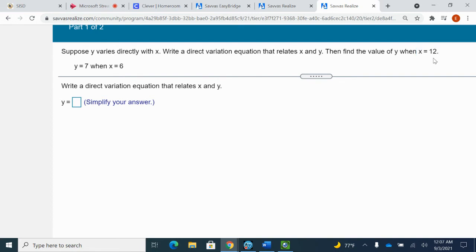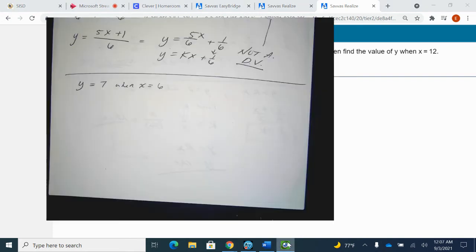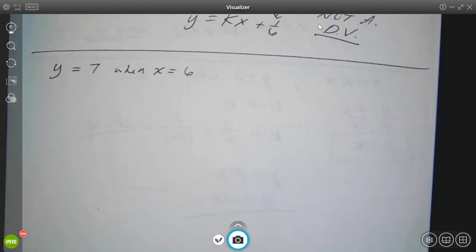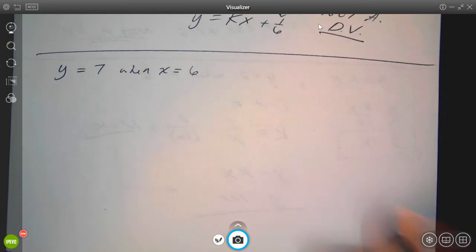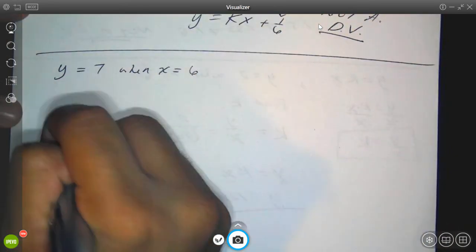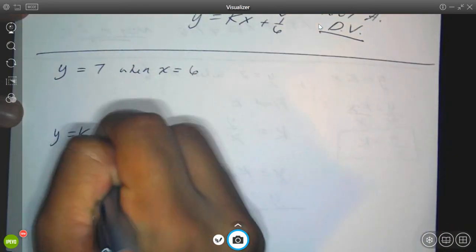I'm going to start off by writing my most important parts, which is y equals 7 when x equals 6. And again, they want me to find the equation y equals kx.